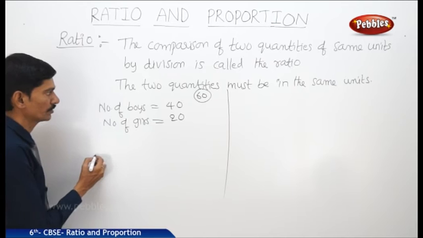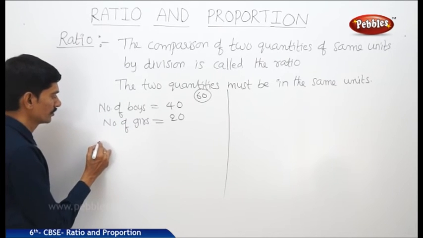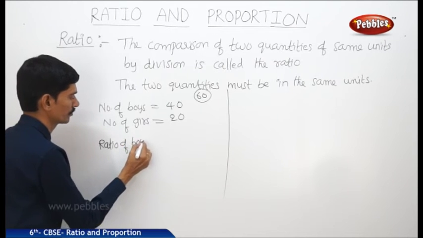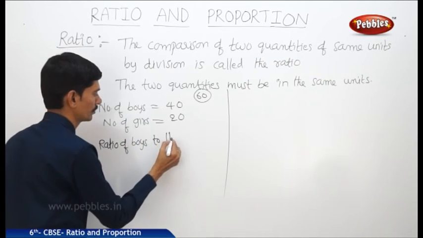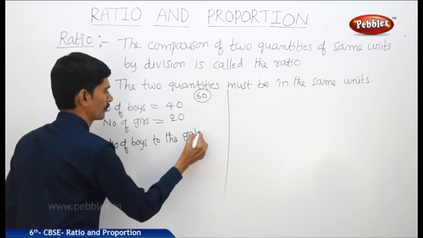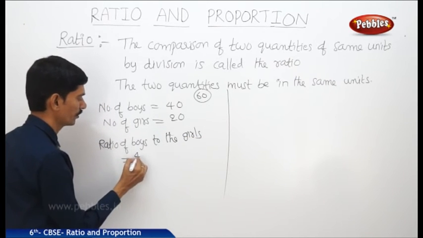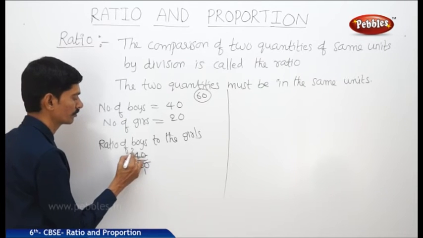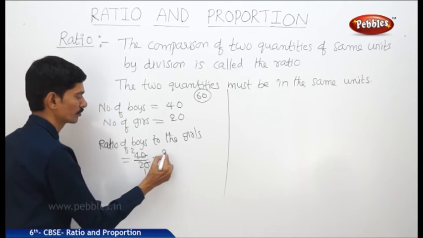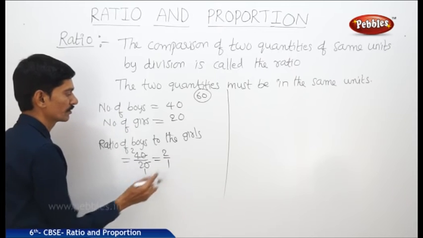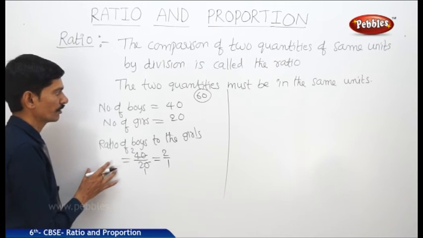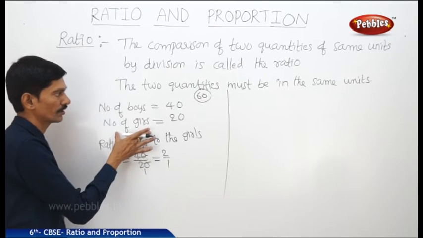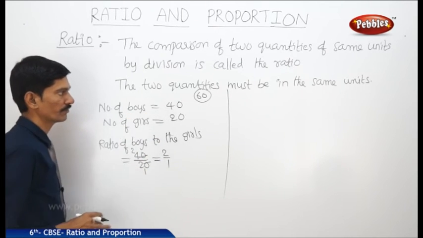So if you find the ratio of the boys to the girls, ratio of boys to the girls equals 40 by 20. So 2 ones are 2, 2 twos are 4. So this equals 2 by 1. And we can say that the number of boys is twice the number of girls, or the number of girls is half the number of boys.